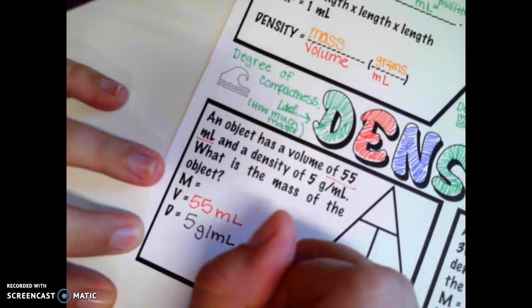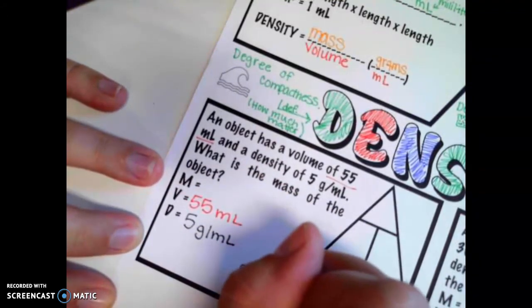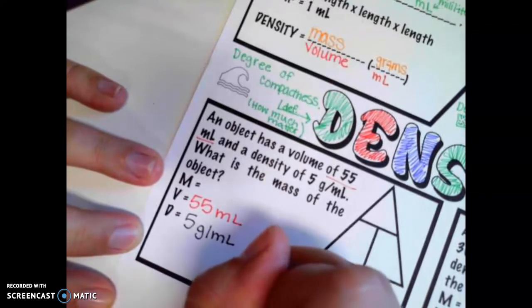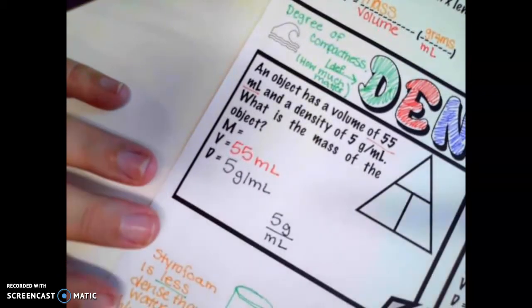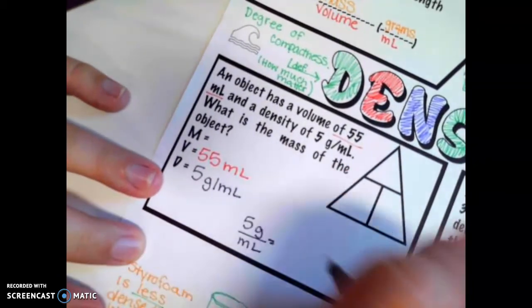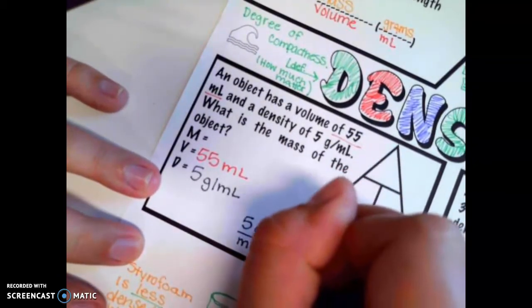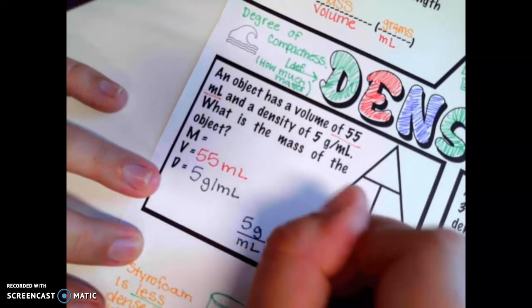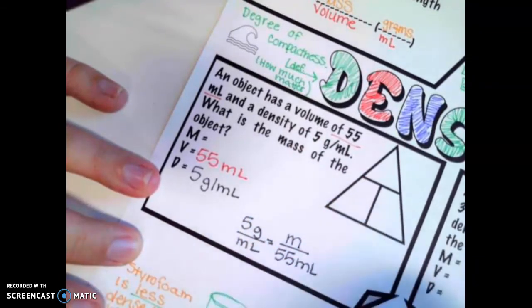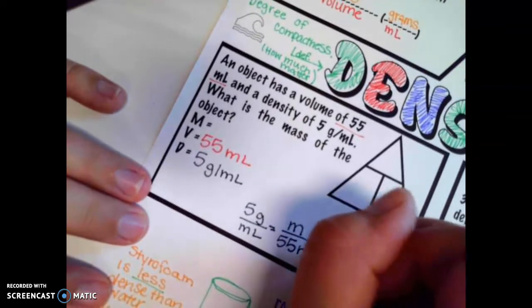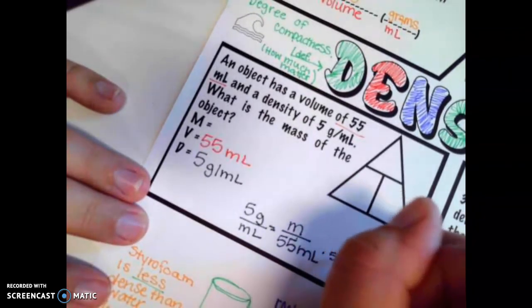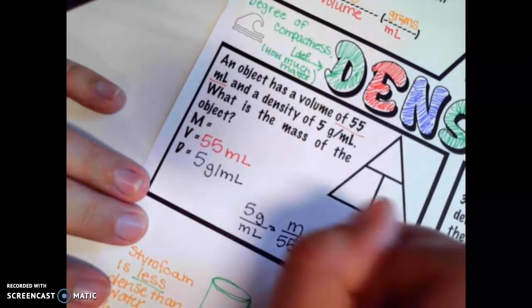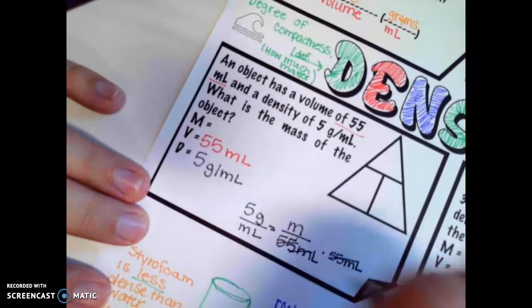So we're going to set this up so we know that density, 5 grams per milliliter, equals mass over volume, 55 milliliters. To get the 55 on the other side, we must multiply, because we're dividing here, so we must multiply by 55 milliliters, which cancels these out.